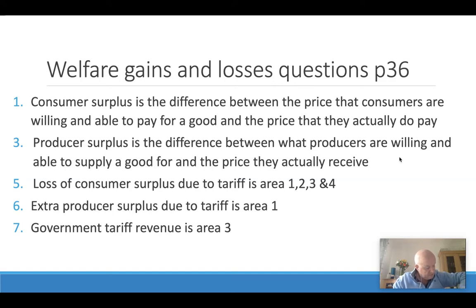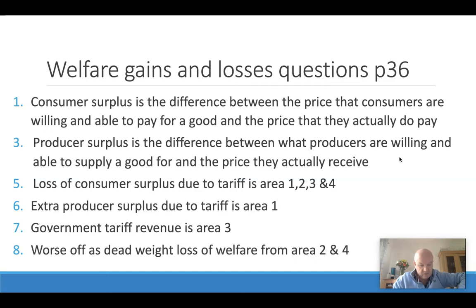And then on page 36, question 8, is society better off or worse off after the tariff? Well, it would be worse off because there's a deadweight loss of welfare from the areas 2 and 4. Okay, so again, you'll need to keep referring back to the diagram on page 35, and just make sure that you're completely familiar with that concept. Okay.